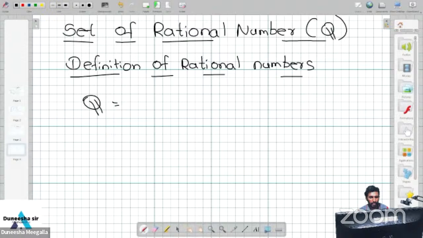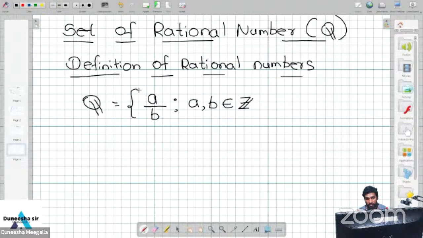I will explain after giving the definition. If Q is A divided by B, then A and B should be elements of Z. What is the Z? Z we discussed: the set of positive and negative integers, including all the integers.